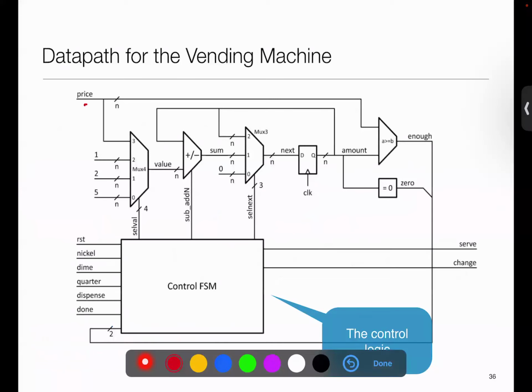I have a price. This is hard coded into the system. Let's say 20 cents, something like that. This is the state where I'm tracking how much money the machine owes to the user, right? So you can say money owed to the user.